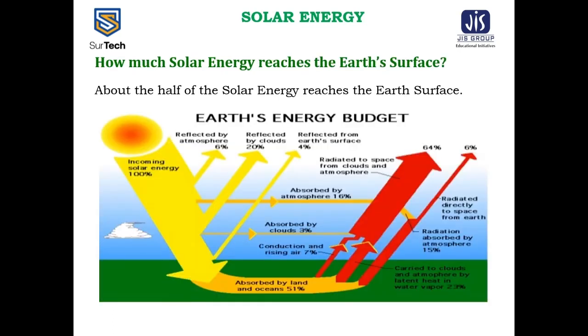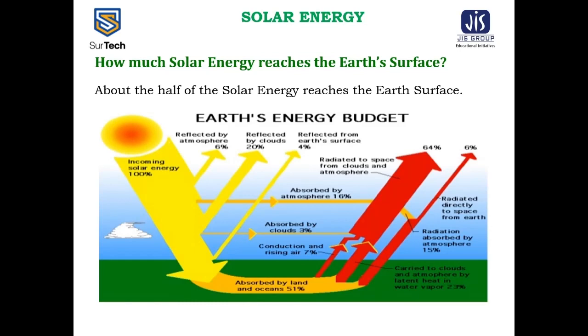Of the 100% incoming solar energy, 6% is reflected by the atmosphere, 20% is reflected by the clouds, 4% is reflected from the Earth's surface, and 16% is absorbed by the atmosphere, 9% is absorbed by the clouds, 7% goes to conduction and rising air, and 51% is absorbed by the land and oceans of the Earth.